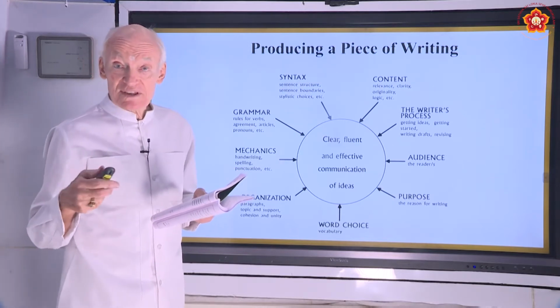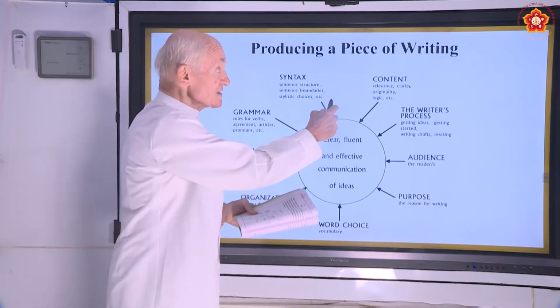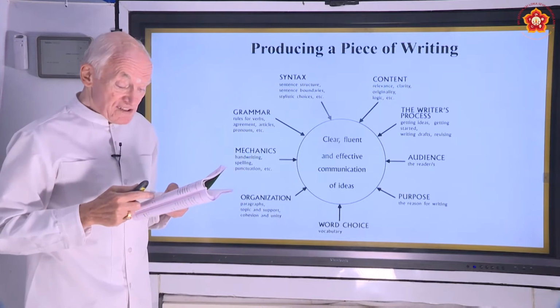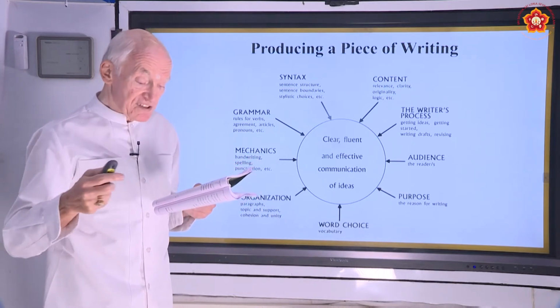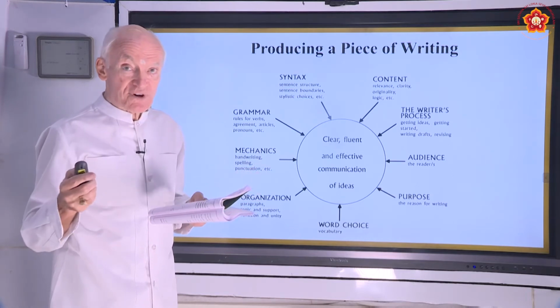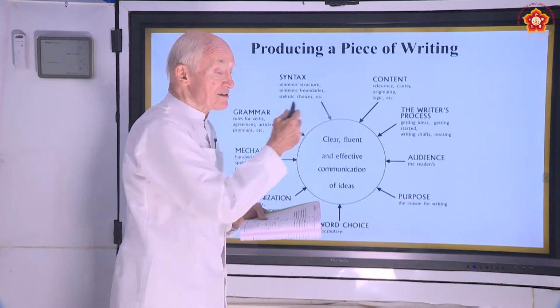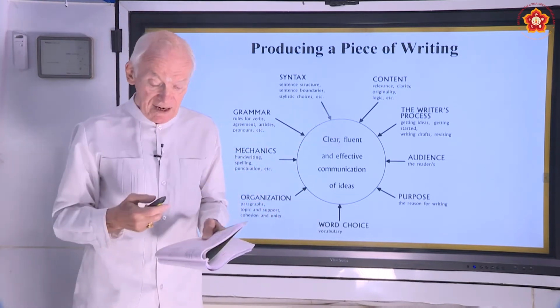And the subject we're going to discuss today, which is linkers, falls right in over here, between content and the process. The process is using your ideas, getting started, actually starting with the writing drafts, and rewriting the drafts. In between content and the process, we use the best linkers we can to convey our ideas.